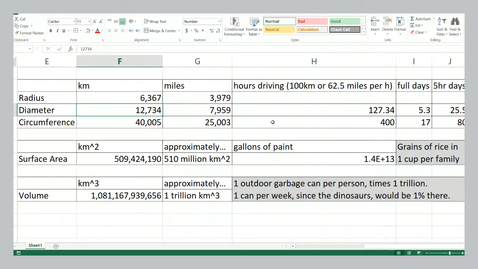That would take you approximately 400 hours, again driving 100 kilometers an hour, or 62 and a half miles an hour. If you're doing straight driving, the car never stops, you've got 4 people taking turns driving, eating, sleeping, it would take you 17 days to go around the circumference of the Earth. 17 full days.